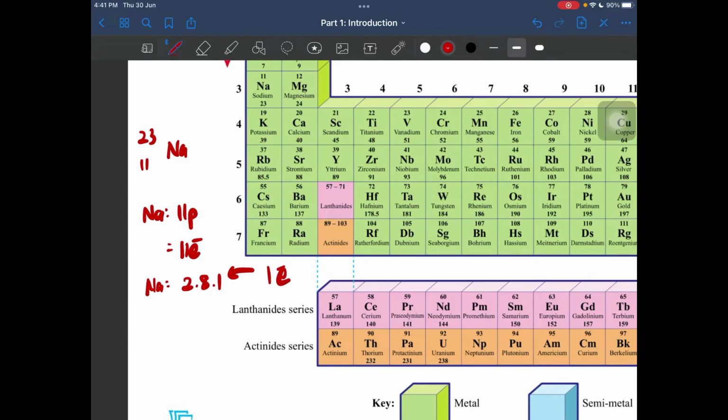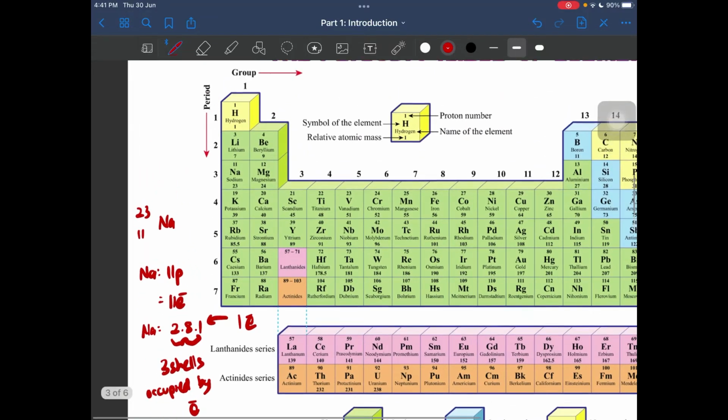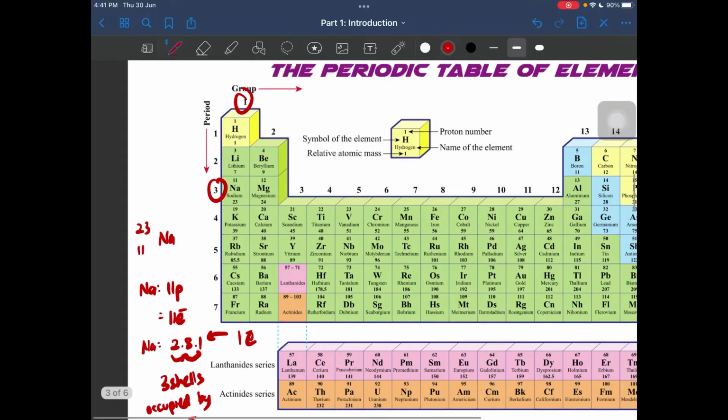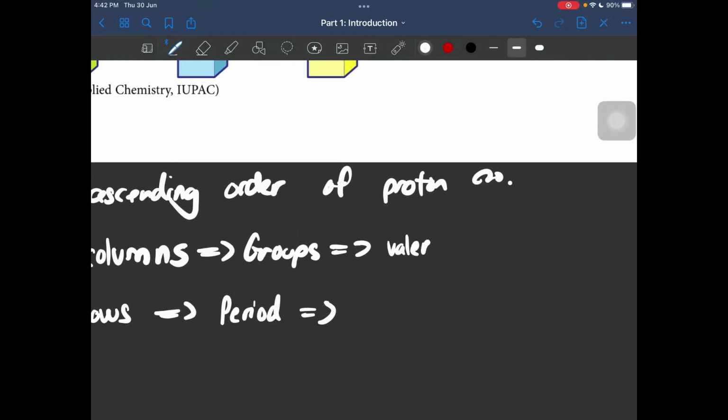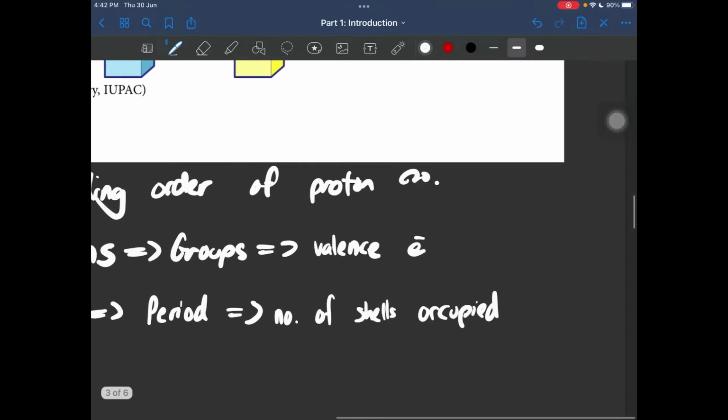The valence electron is 1, and there are 3 shells occupied by electrons. Coincidentally, the period is 3 and the group is 1. So what does this mean? It means that the group is determined by the valence electron, while the period is determined by the number of shells occupied by electrons.